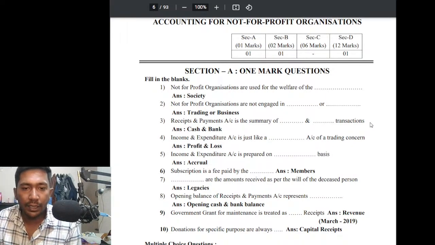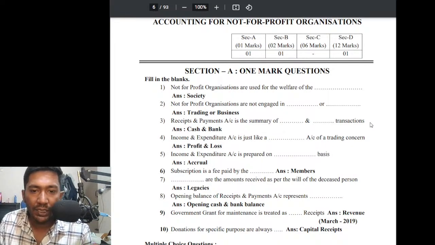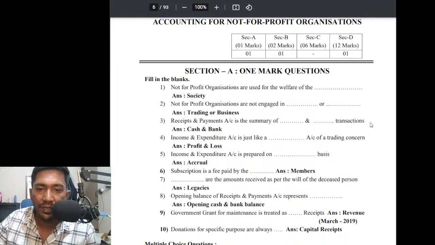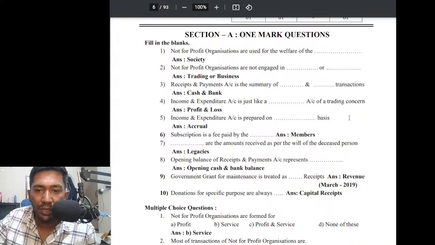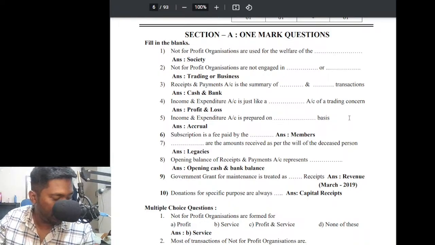Then the next we have is: income and expenditure account is prepared on the accrual basis. The next they have given: subscription is a fee paid by the members. Whenever you become a member you pay a subscription fee, right?